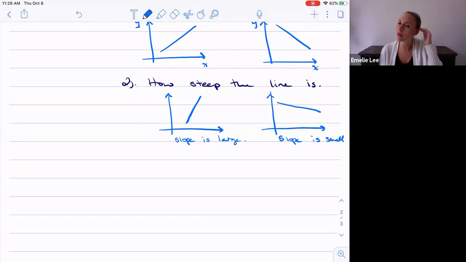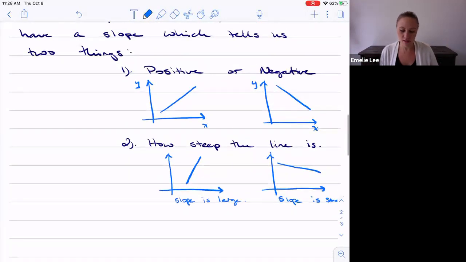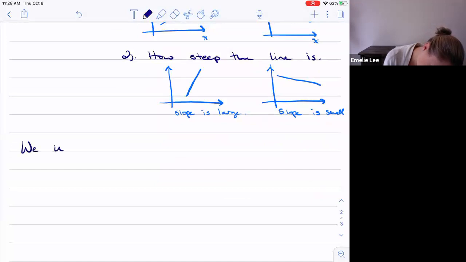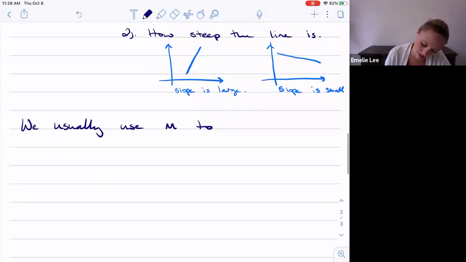So depending on what the value of the slope is, it'll tell you how steep the line is. And the slope is that rise over run, which might trigger something from the past, right? Slope is rise over run. Usually we denote the slope with a lowercase m. So we usually use m, so a lowercase m, to denote the slope.